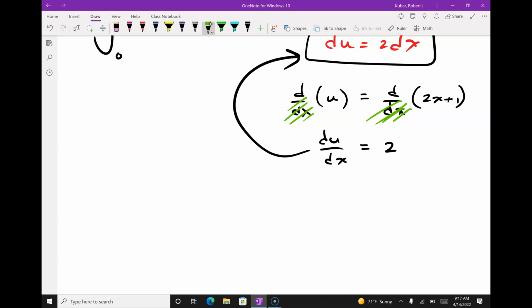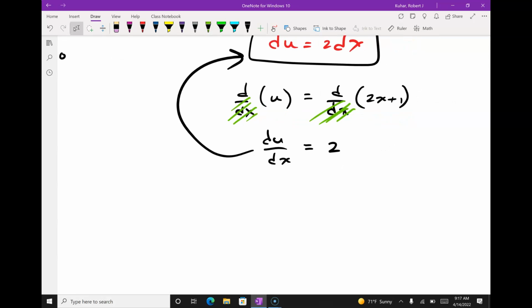So on the left side, I get the du, and on the right side, I want to be talking about what did I take the derivative of with respect to what variable.